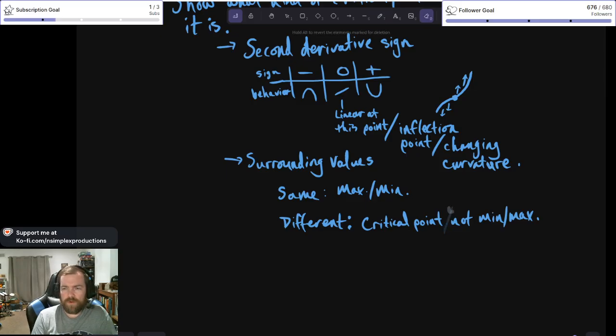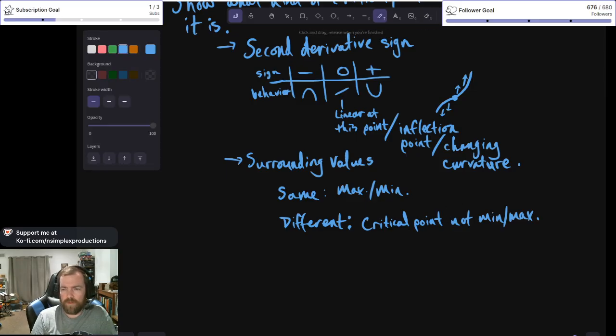It's going to be a critical point, but it will not be a minimum or maximum. So you do have to be careful when you're doing stuff like this, just to make sure that you're not getting bits and pieces all confused with each other.